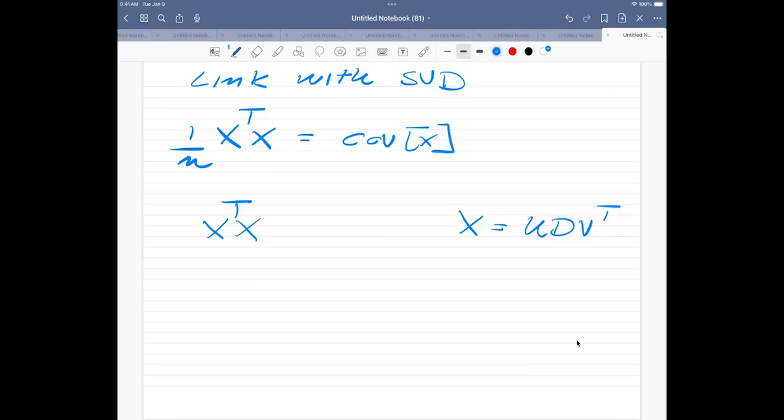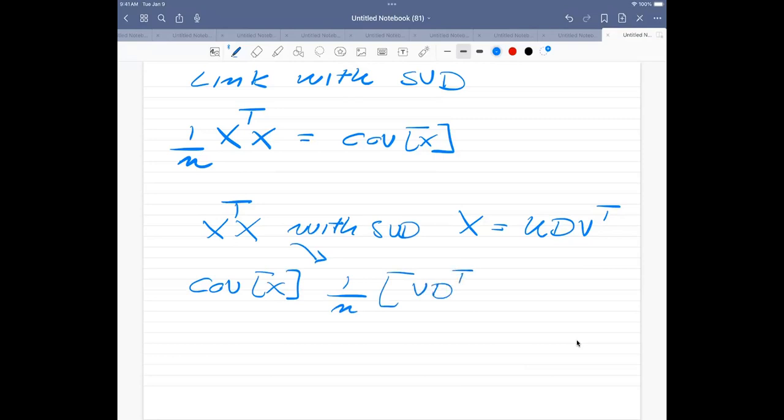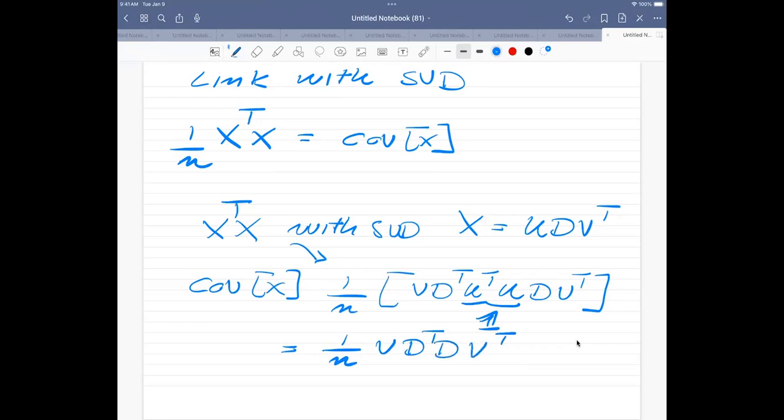So if I look at my covariance matrix with the SVD, we have 1 over n, and then we get V D transpose U transpose, multiplied with U D V transpose. U transpose U is given by the unit matrix. So we have V times D transpose times D times V transpose. Okay, so this is a matrix. Just keep that in mind.